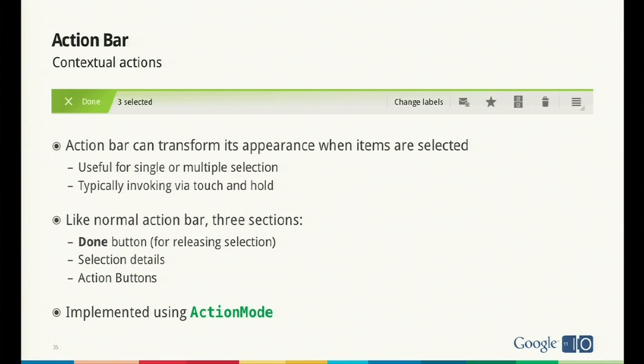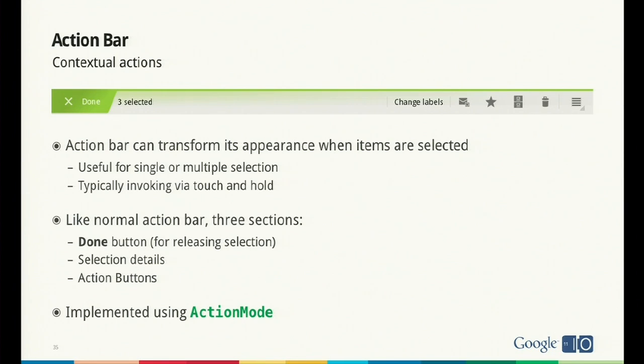And that's that oftentimes you'll want to interact with several pieces of that content at once. And with a context menu, you have to make a choice or get out. You have to take the action right away. What the action modes let you do is you can start an action mode from any view, similar to the way that you can start or show your context menu from any given view.